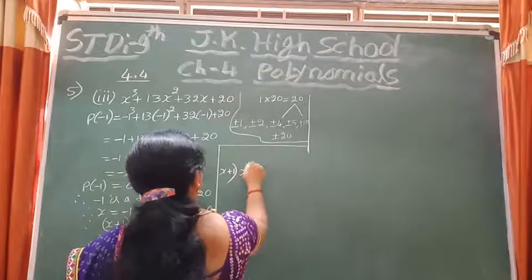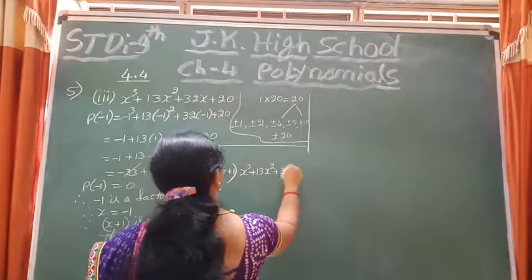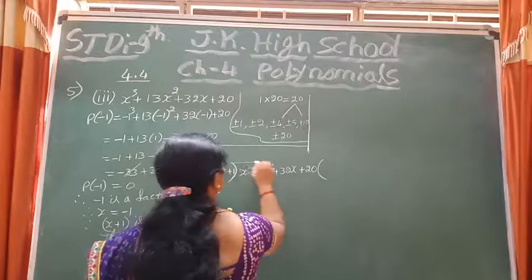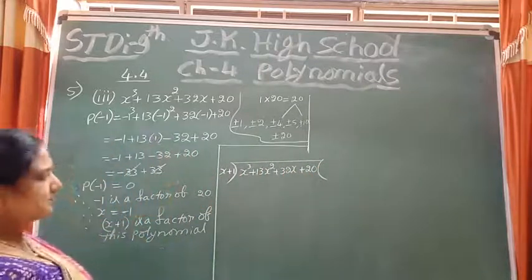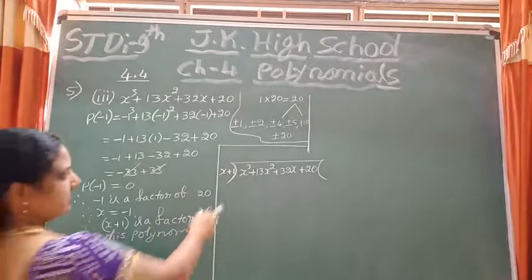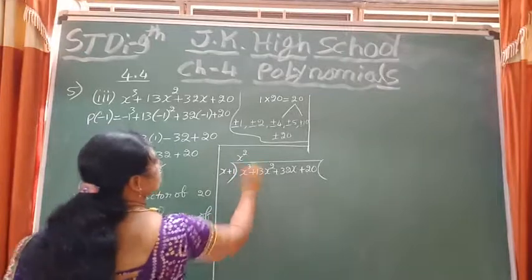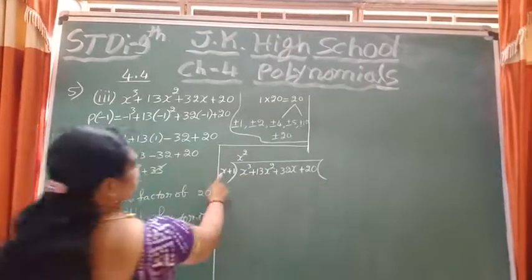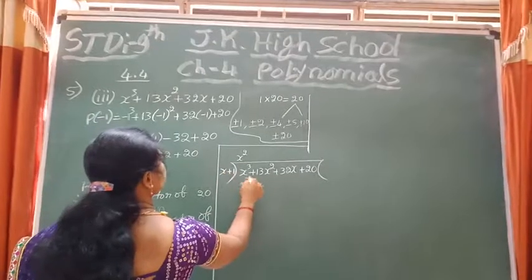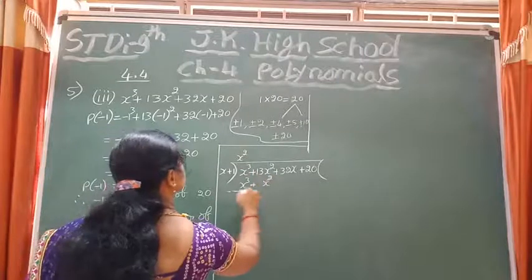So x cube plus 13x square plus 32x plus 20, you divide this. If you divide now, you are going to get the quotient. x cube divided by x, x cancels, x square you get as quotient. Multiply with this: plus into plus plus. x into x square is x cube, plus into plus plus 1 into x square is 1x square.